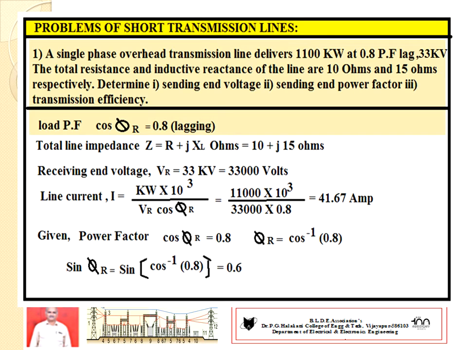But kilowatt should be converted into watt. 1,100,000 watts, 33,000 volts, 0.8, we are going to get 41.6 ampere. The receiving end power factor is 0.8, then you go for calculation of phi r and sin phi r; sin of that value we are going to get as 0.6. The problems are easy, only thing you have to practice.